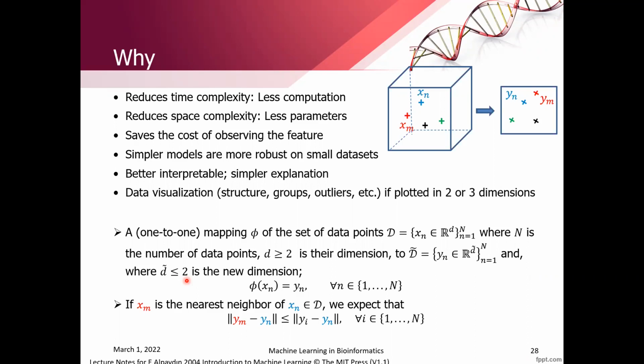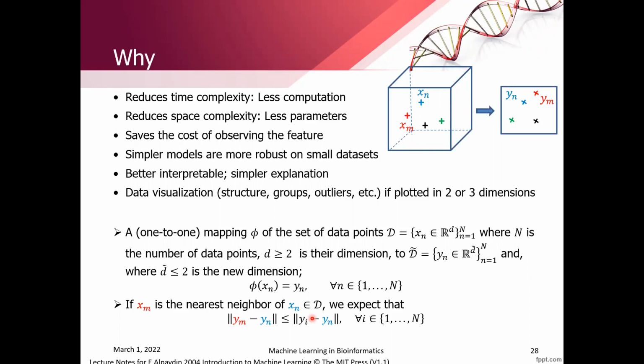Usually we would like to have something like this. If x sub m is the nearest neighbor of x sub n, so we have this big observation matrix, and x sub n is one row of the matrix, x sub m is another row of the observation matrix.